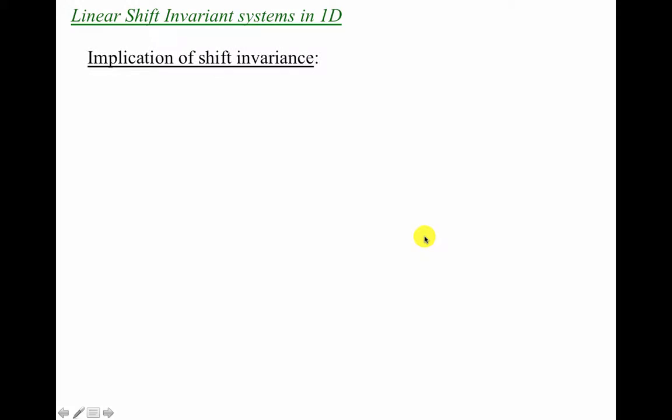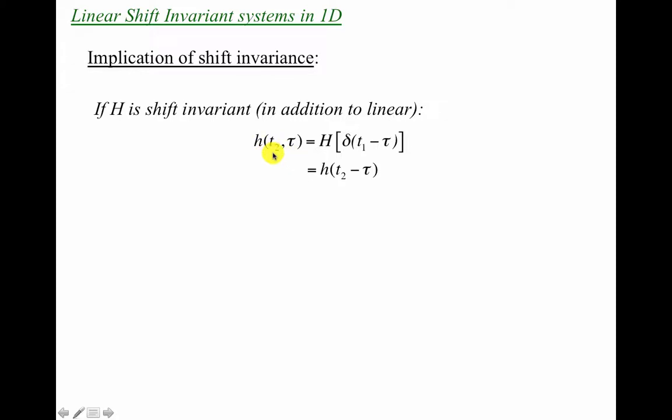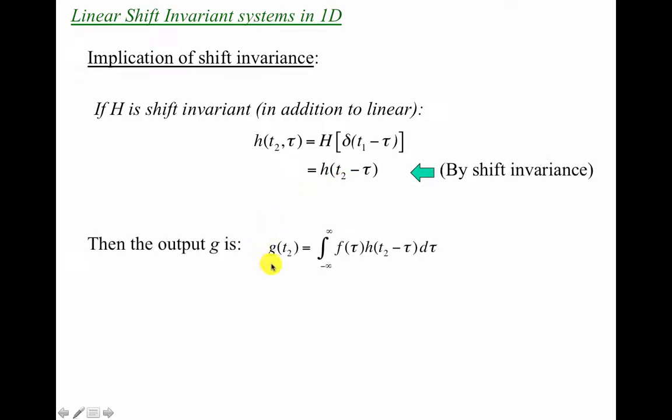If in addition to being linear, our system is shift-invariant, then we can go back to our expression for the impulse response from last page, which was the response of our system to a shifted delta function, and simplify its expression as such using the definition of shift invariance. Now, if we insert this into our expression for g, we get a much simplified expression relating the input f and the output g, where these two are simply related by a convolution between the input and the impulse response of the system.